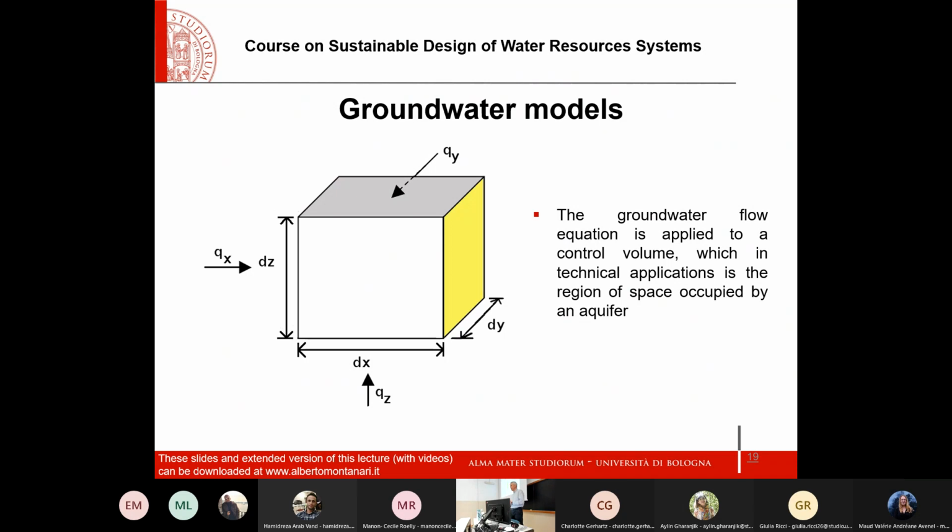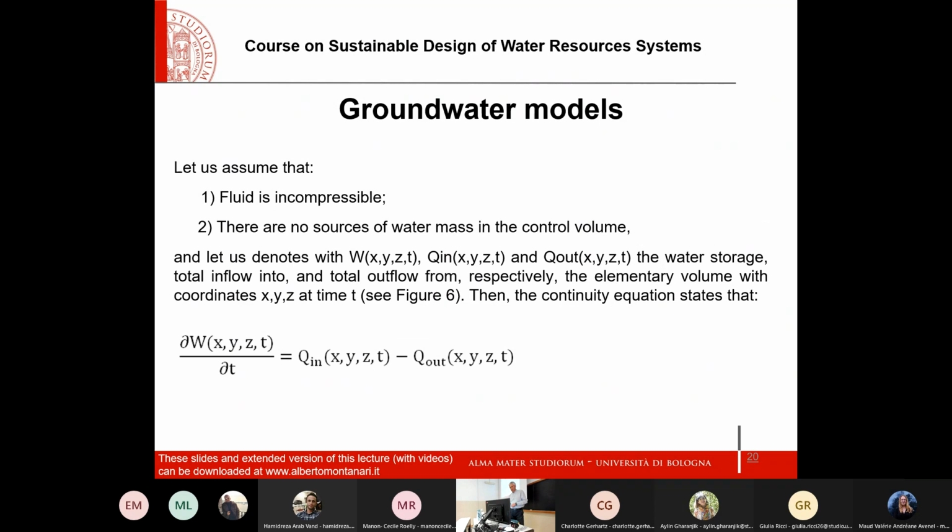It's related to permeability, and it's basically the velocity of the water flow in the underground. And it's very small. Okay, so this is our control volume. We need to apply mass balance. Good. So it is in principle easy to apply mass balance. We have to assume that the fluid is incompressible.